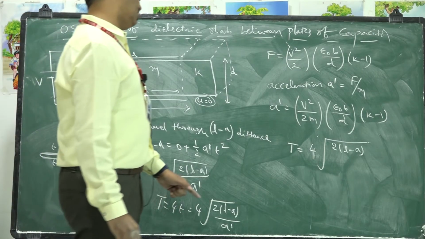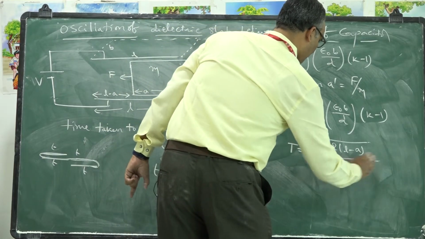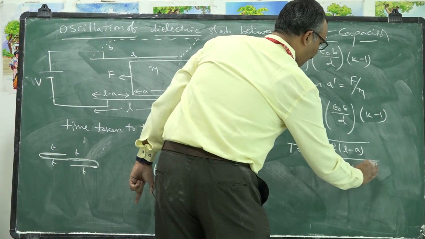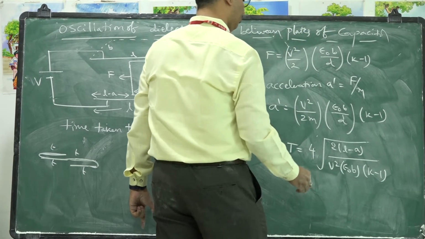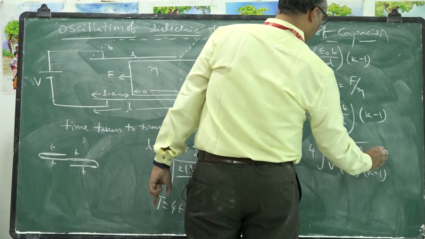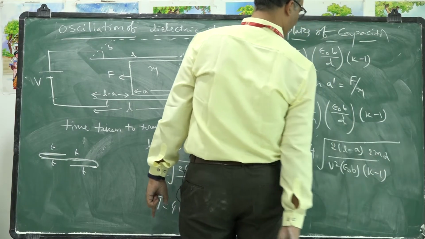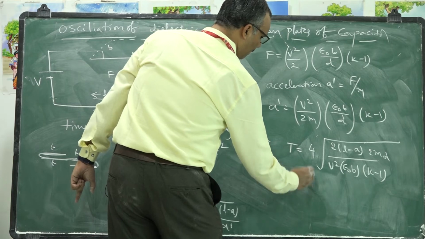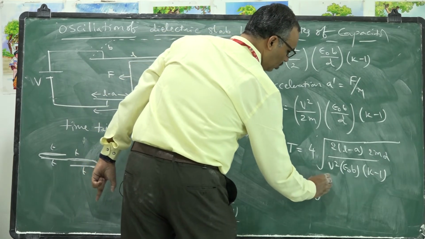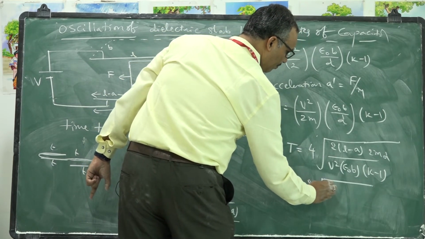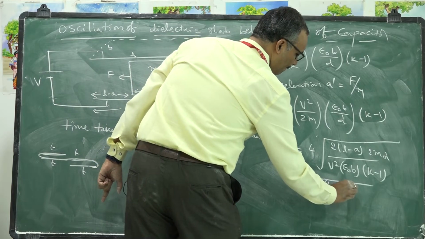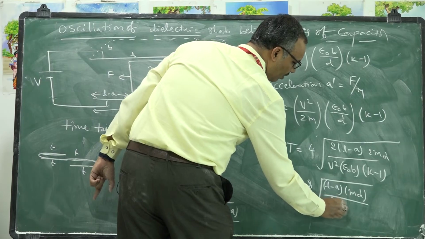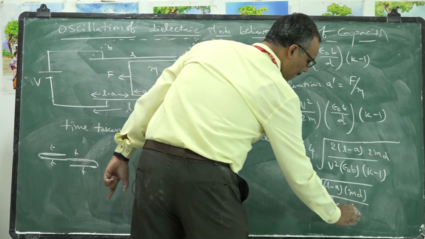A dash is nothing but V square epsilon naught b into k minus 1 over 2md. This 2md will go up. Two 2's will come out as a single 2, and 4 times 2 is 8 into square root of L minus a into md by V square epsilon naught b into k minus 1.